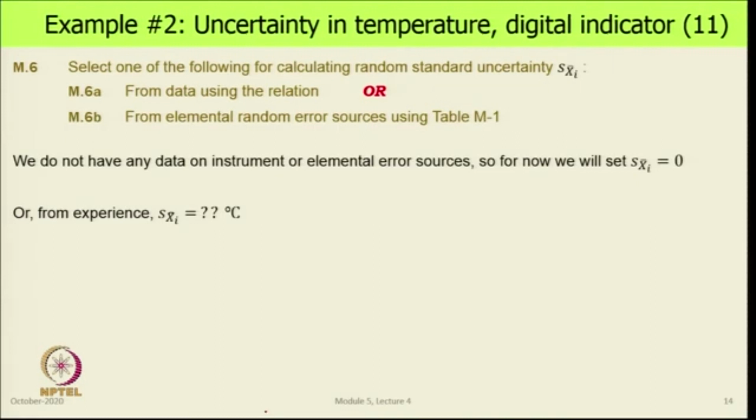So, the next thing is about calculating the random standard uncertainty, and we said, well, we have no data. So, we have an option, either we set it from experience some number, but for now we will just say it is 0.